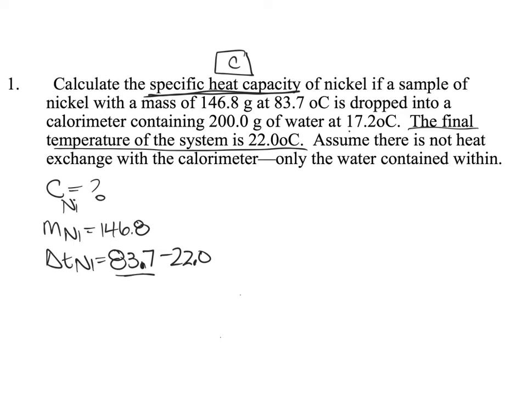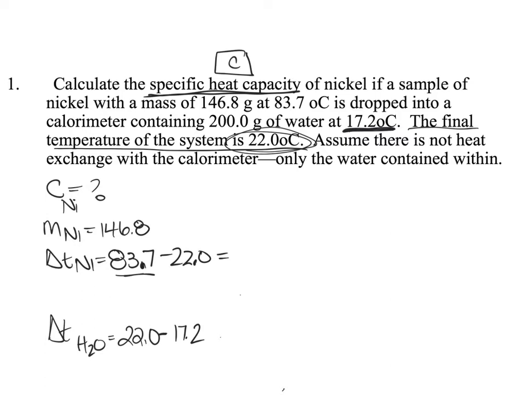I dropped it into some water. The water was at 17.2. And what you expect, right, is if I drop a hot piece of metal into water, that the water will increase in temperature, and that's exactly what happens, right? So not only does the water end up at 22 after, but the nickel also ends up at 22.